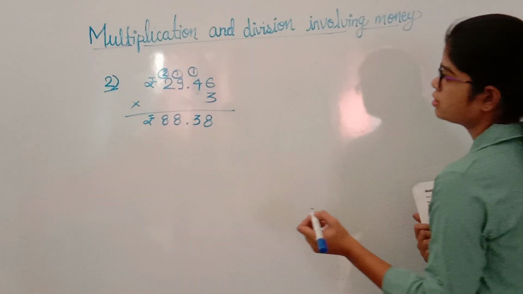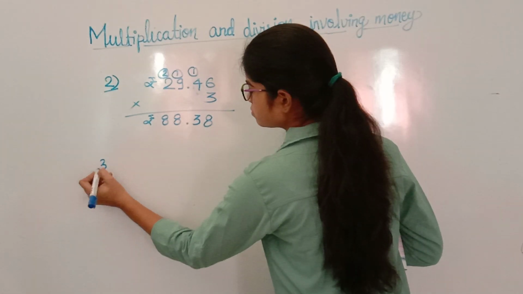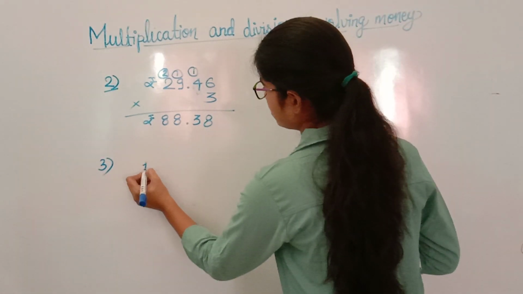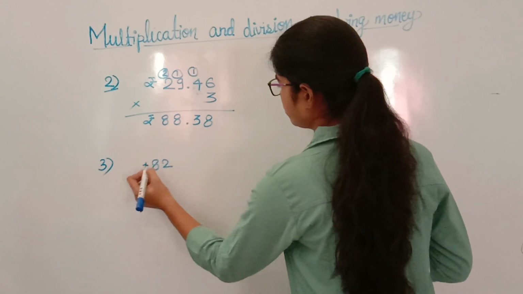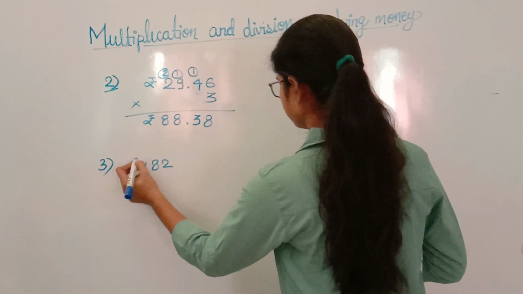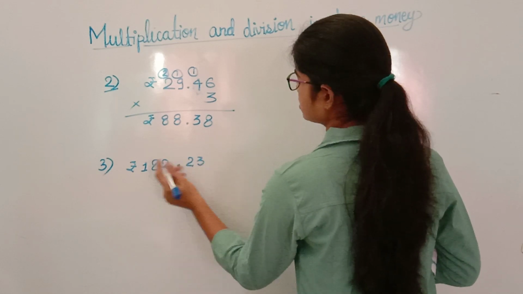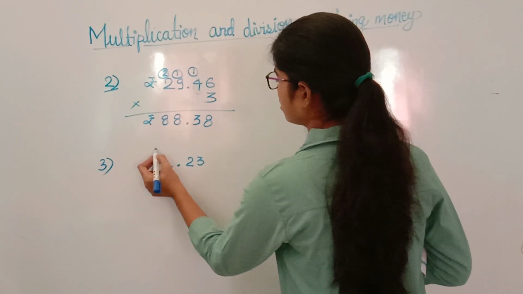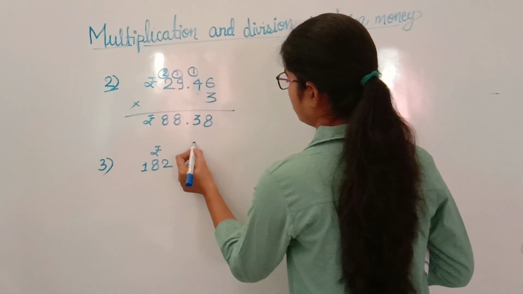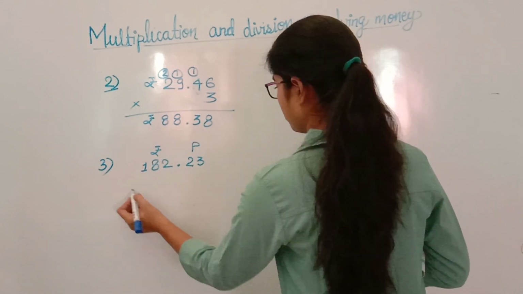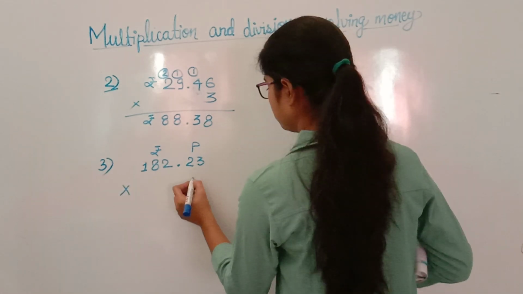The next question is question 3, in which we have 182 rupees and 23 paise. We write it as rupees and paise, and we have to multiply it by 12.